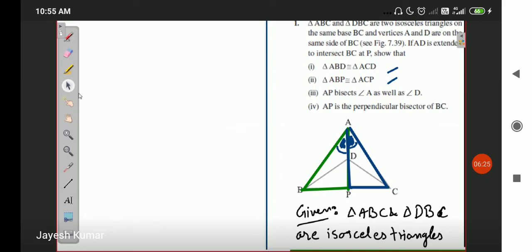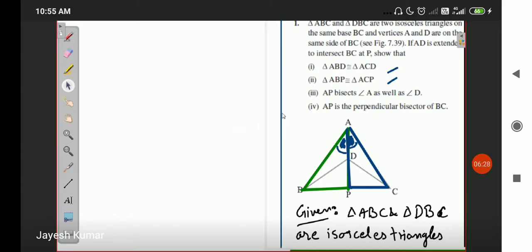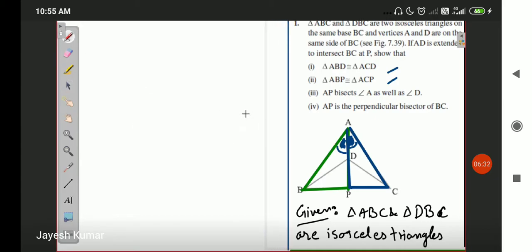Big questions in geometry are hard to do, difficult to understand, and more difficult to write out. You must learn how to write the question correctly to get the best of geometry. Now, in triangle ABP and triangle ACP, we have proved that these two triangles are congruent, as well as triangle ABD and triangle ACD as congruent.